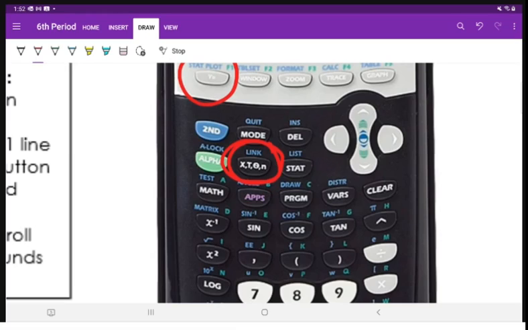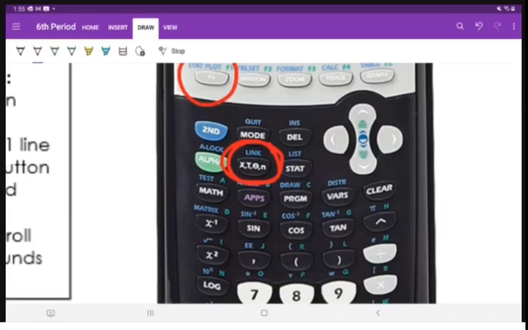It looks like it has an X and a T and a theta and an N on it. So we're typing in x squared minus 4x minus 12. If you're done typing it in, I want you guys to look up at me so I know who's done and who's still working.